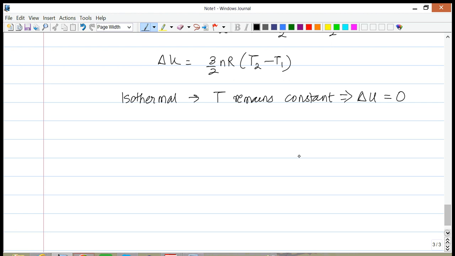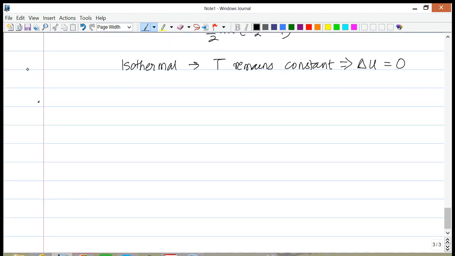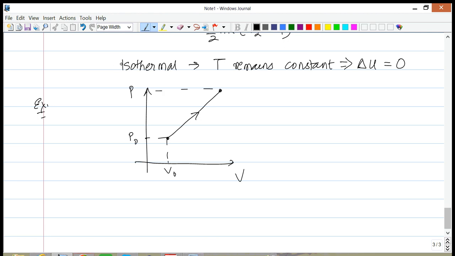So we have that. Now, let us apply this idea to a couple of simple situations. Once again, we'll do it in the context of thermodynamic processes where we'll take objects going from one process to another. So we'll go back to our original curve where we had a PV diagram. The pressure went from P0 to 3P0, and the volume increased from V0 to 3V0.